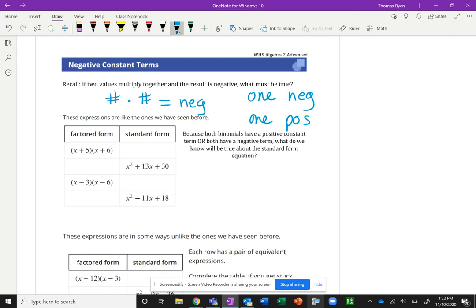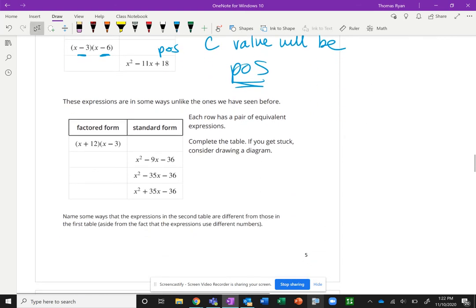A positive constant term or a negative constant term, we know that the C value will be positive, because it's either positive times positive gives us positive or negative times negative gives us positive. But then look at what we're switching up to.